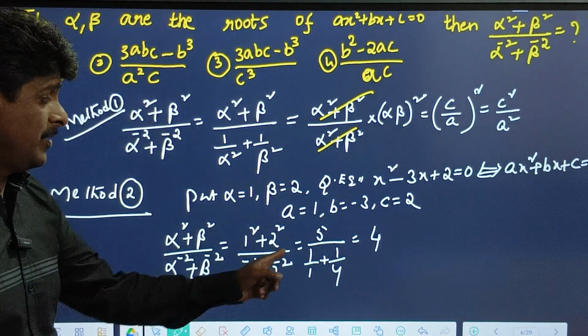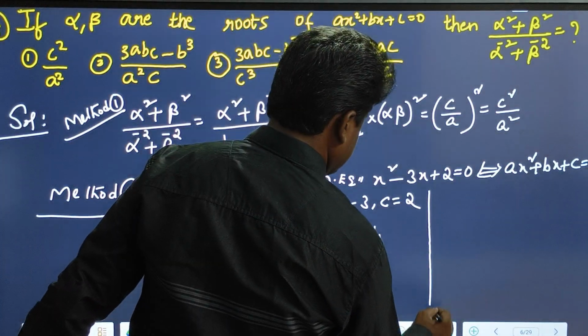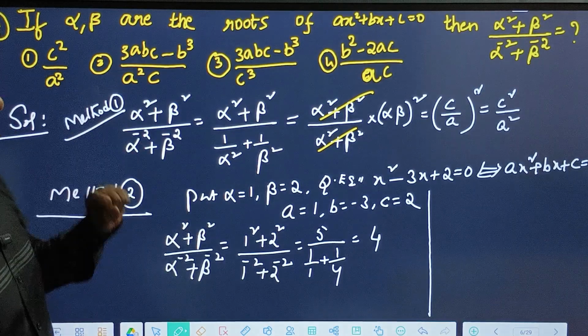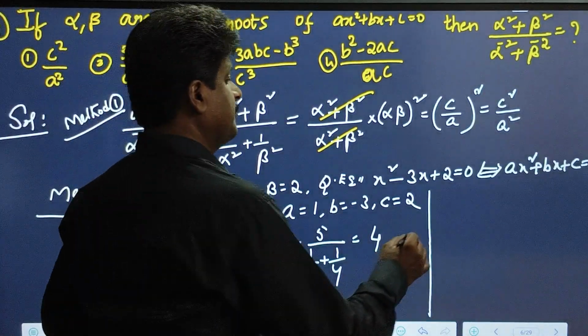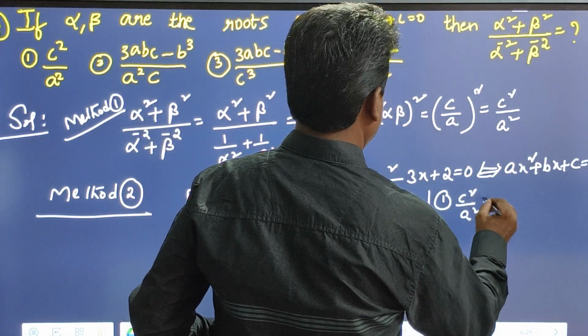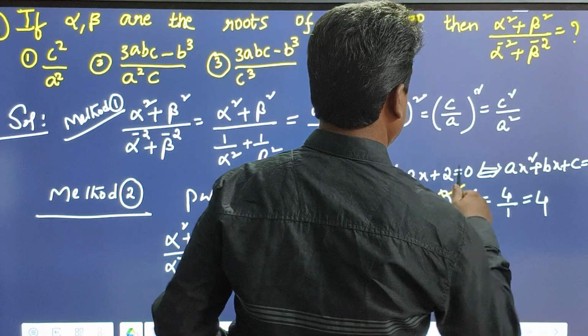Okay. However, we get 4 plus 1 here in options. Okay, without using the formula, in options, where we are getting 4, you do check. First option, c square by a square, c value 2, yes, 4 we are getting in the first option.